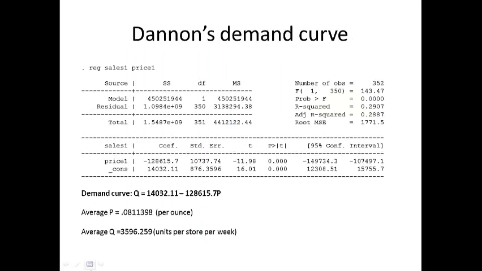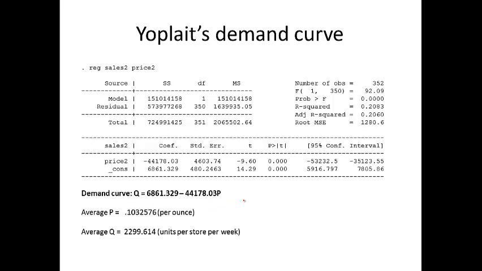So here's Dannon's demand curve, which we've seen before. This is based on the statistical data on quantities sold at different prices. And we find this demand curve for Dannon. When we do the same thing for another major product, Yoplait, we get this demand curve.